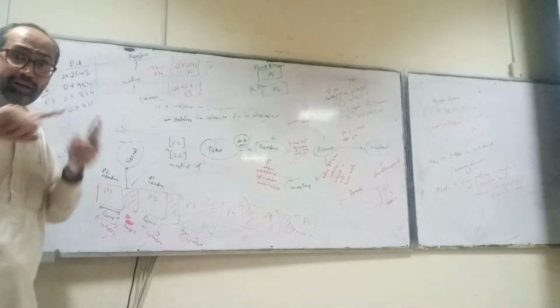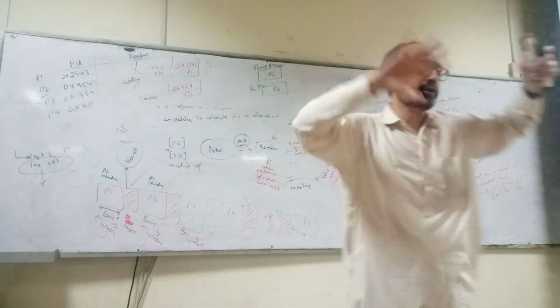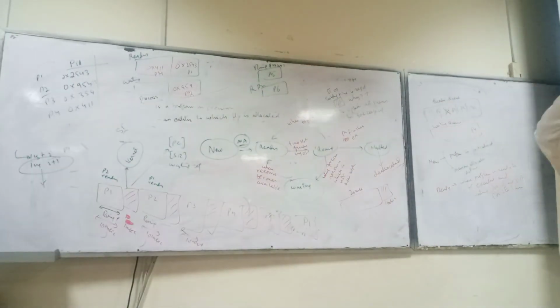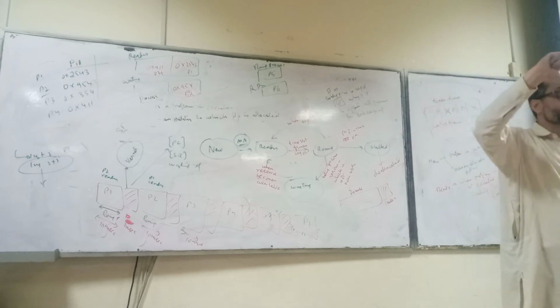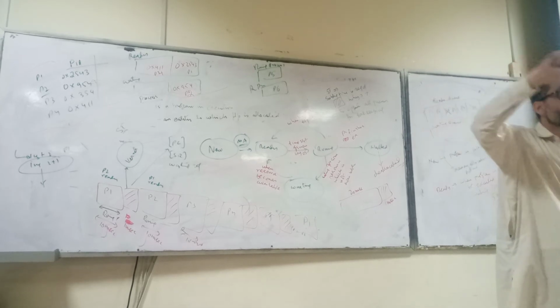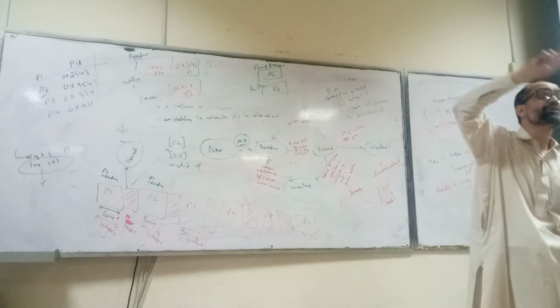Let's assume a scenario where there is no waiting state, no waiting for any resources. In 20 milliseconds it will be in the running state. When the control is given to another program, it will move from running to which state?